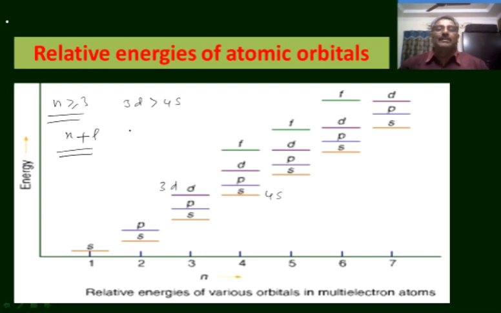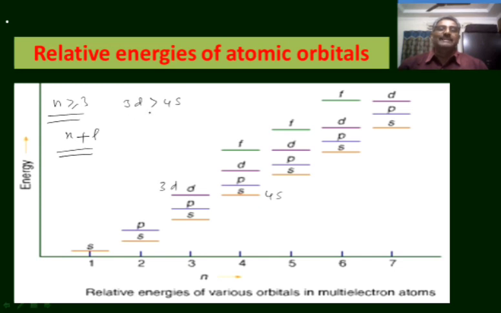For an orbital, if the n plus l value is less, the energy of that orbital is less. The orbital which has the lower value of n plus l will have lesser energy compared to the orbital which has the higher value of n plus l.